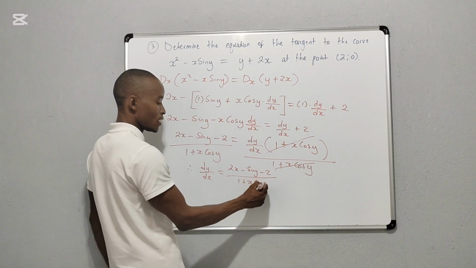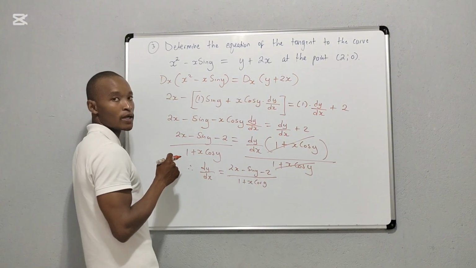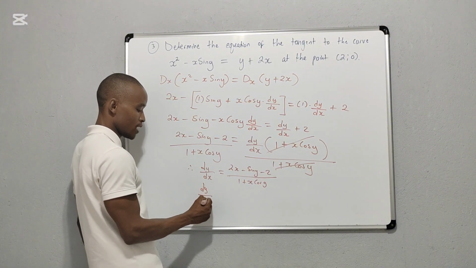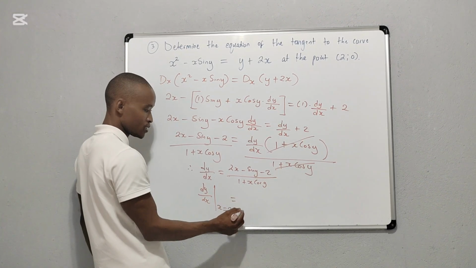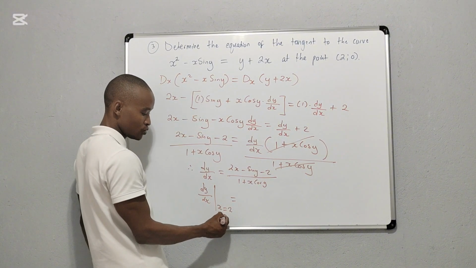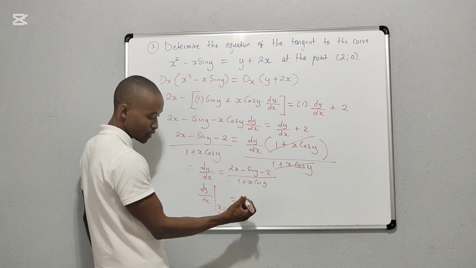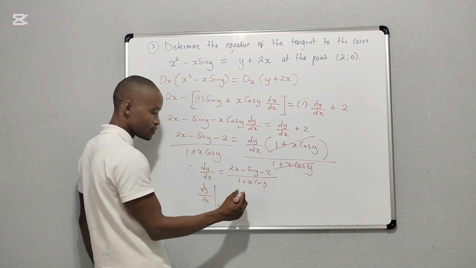Where are we evaluating? At the point where x is equal to 2 and y equal to 0. So we want to evaluate dy over dx there, which means we're just going to sub in the correct numbers for each variable.